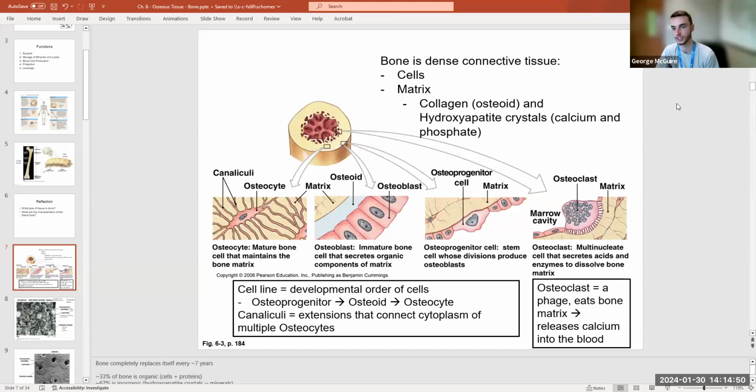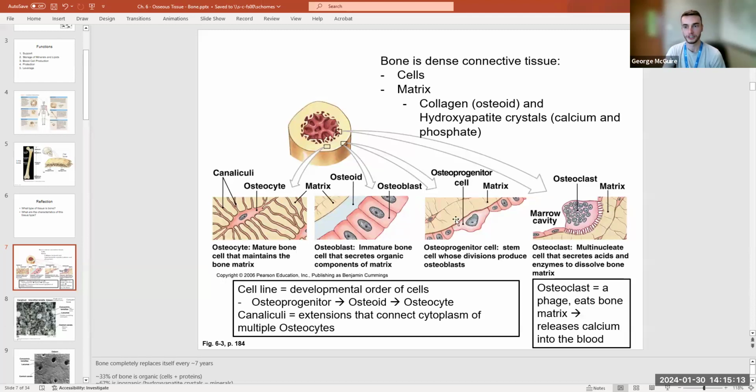So starting off with these cells that you would find in our osseous tissue. We have 4 main cell types to be aware of. We have our osteocytes, our osteoblasts, our osteoprogenitors, and osteoclasts. So nice that they were all given the prefix osteo, referring to bone tissue.